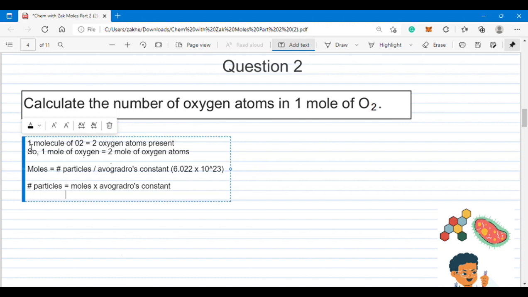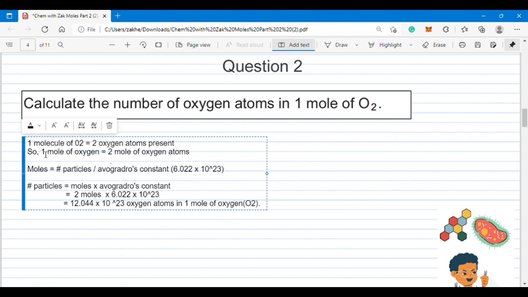Therefore, since we know the number of mole of oxygen atoms is 2 moles times 6.022 times 10 to the 23, this is going to give us an answer of 12.044 times 10 to the 23 oxygen atoms in 1 mole of oxygen, O2. And that is how you will do this question.